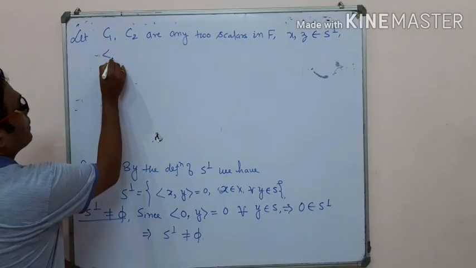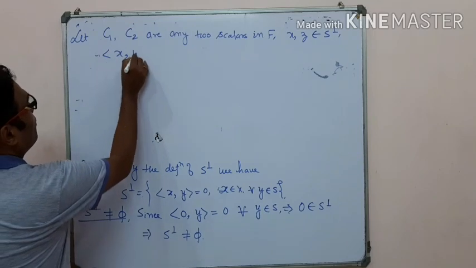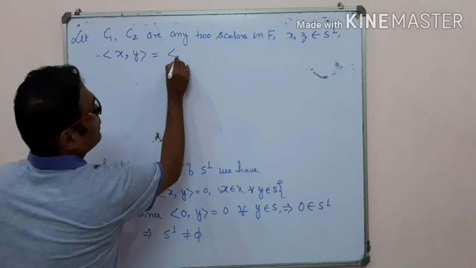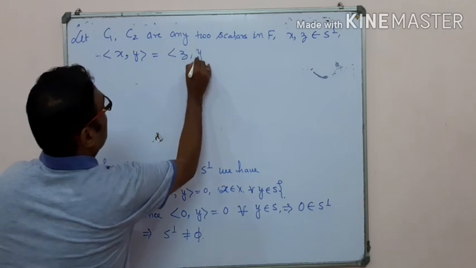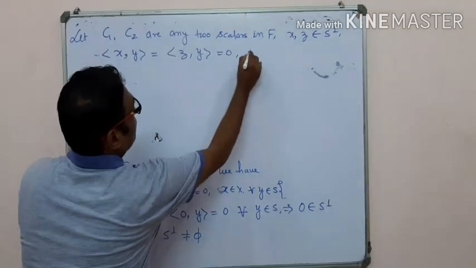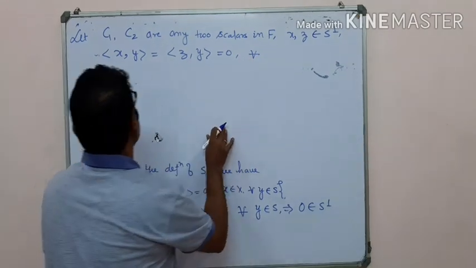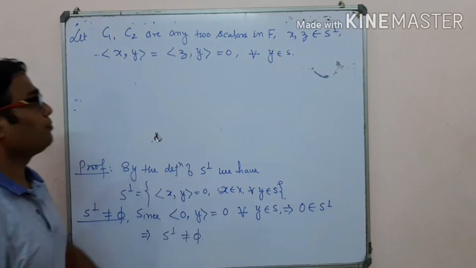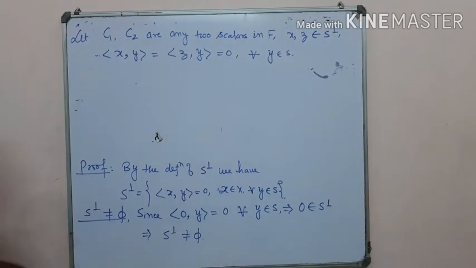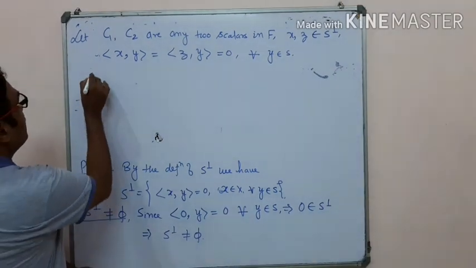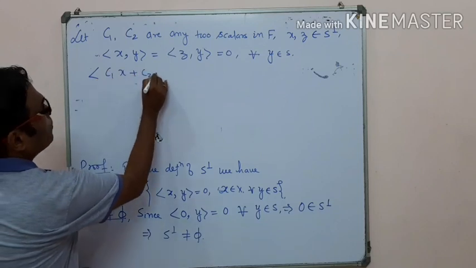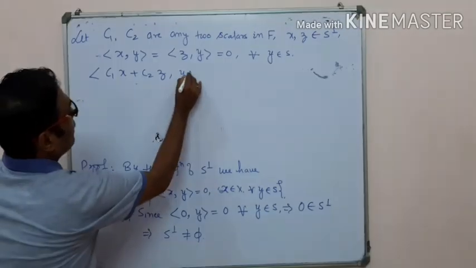Then by the definition, the inner product of x comma y is equal to the inner product of z comma y, which is equal to 0 for all y belongs to S. Now we consider the inner product of C1x plus C2z comma y.